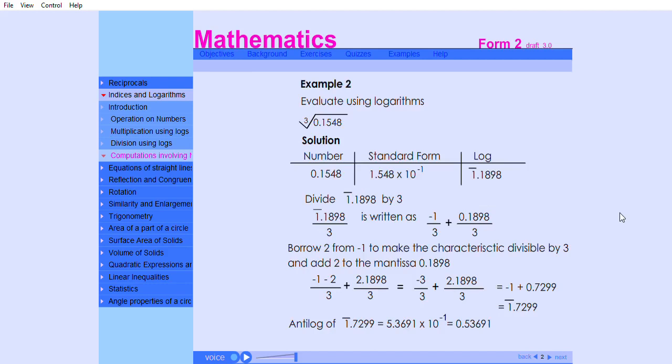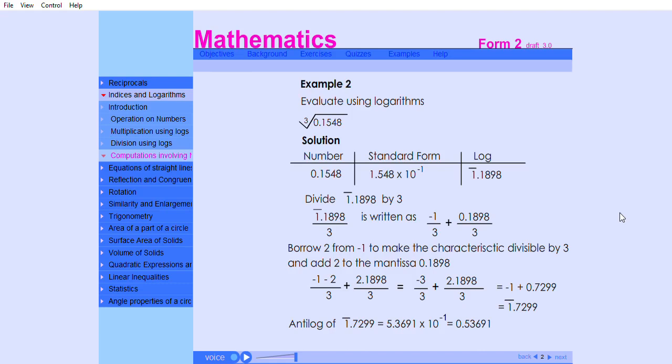Example 2. Evaluate using logarithms the cube root of 0.1448. Solution. Bar 1.1898 over 3 is written as -1 over 3 plus 0.1898 over 3.